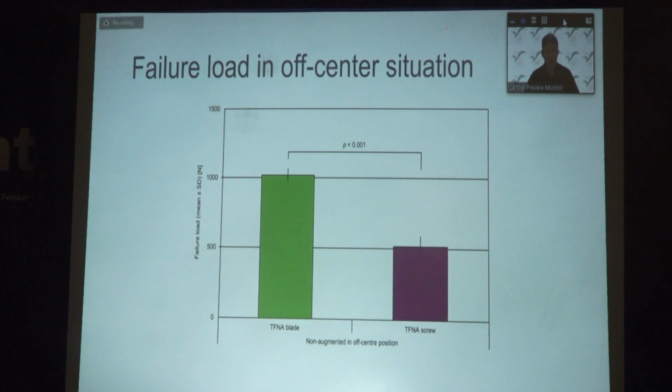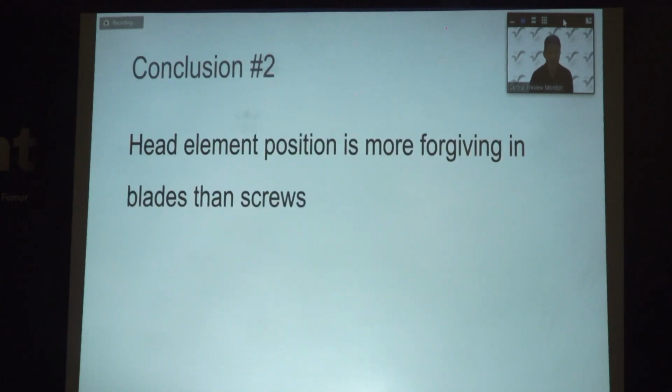And the failure load in the off-center situation is that the blade was significantly stronger than the screws if they were placed off center and non-augmented. So the conclusion from this study is that the head element position is more forgiving in blades than the screws.